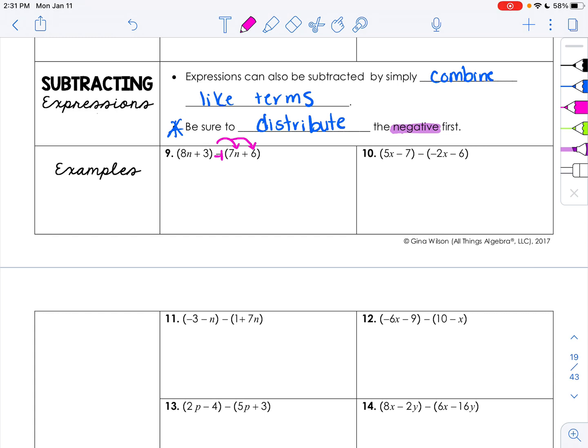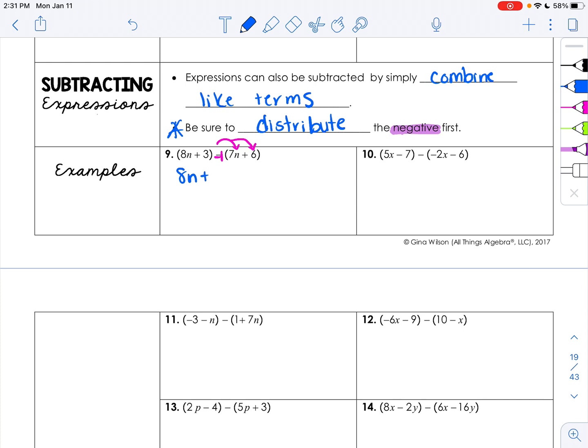So that's not going to change our first expression, 8n plus 3, but that will change the second expression. So distributing that negative, remember we multiply. Negative 1 times 7n is negative 7n, and negative 1 times 6 is negative 6.